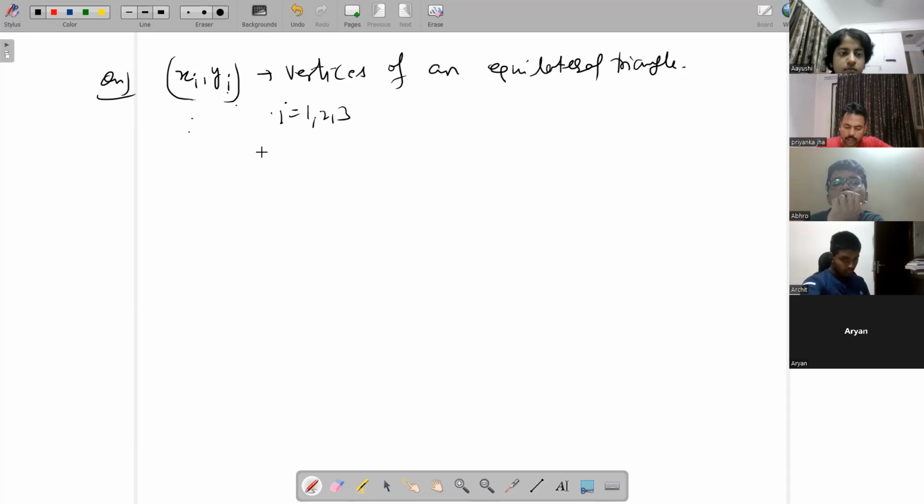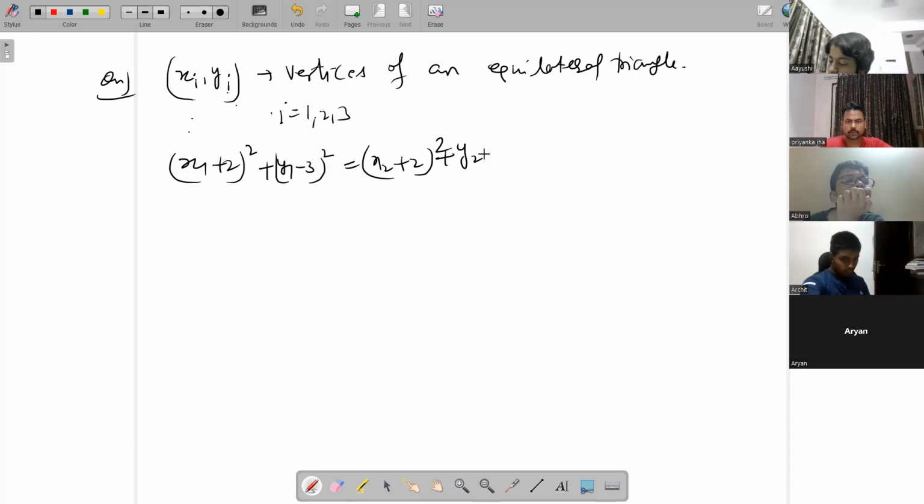And one such that it is given in the question that x1 plus 2 whole square plus y1 minus 3 whole square equals x2 plus 2 whole square plus y2 minus 3 whole square equals x3 plus 2 whole square plus y3 minus 3 whole square.